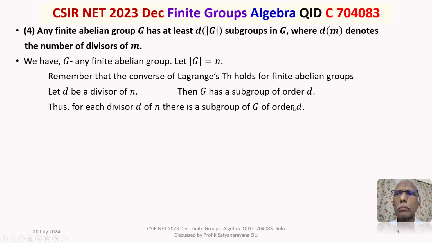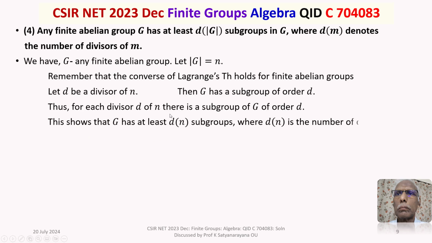Now how many divisors are there for n? d of n. So this shows G has at least d of n subgroups, where d of n is the number of divisors of n. What is n? The order of G. So G has at least d of order of G subgroups.